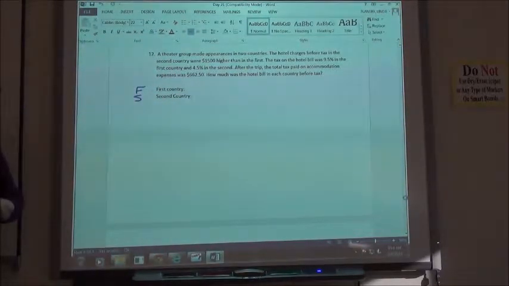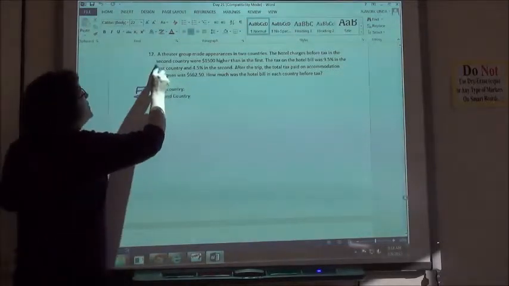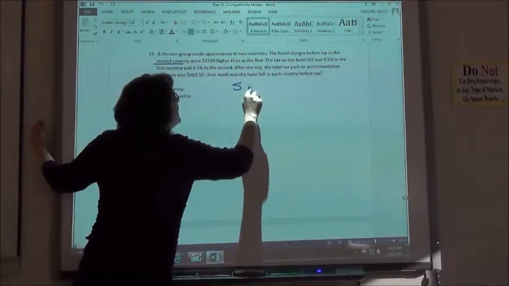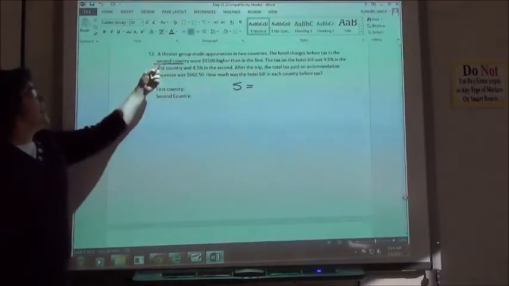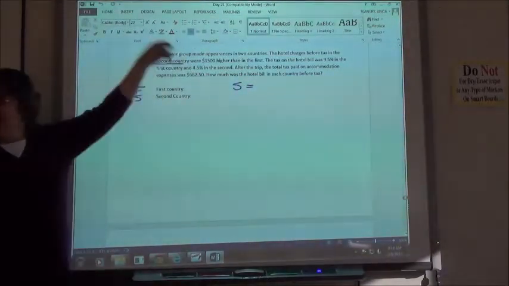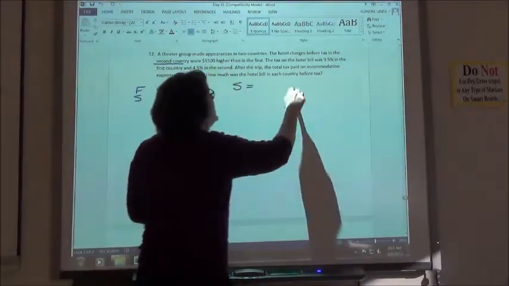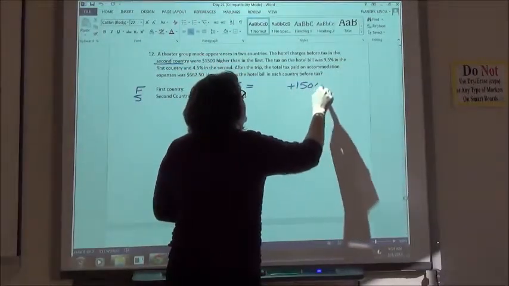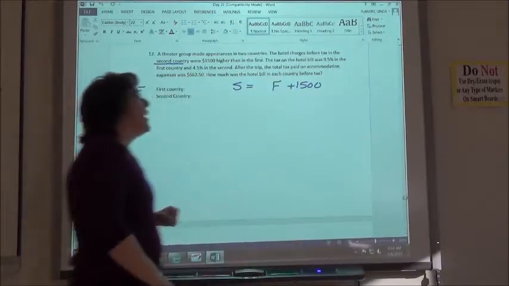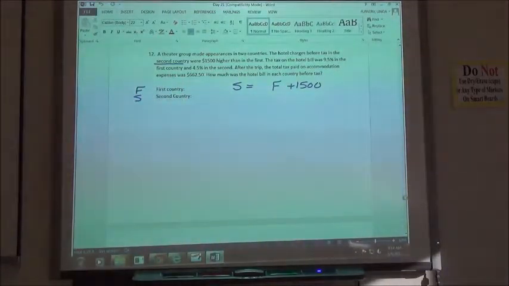Which one plus 1,500? Oh, F. F plus 1,500. So the second one is mentioned first, so I'm going to have S equals something. 1,500 higher than the first means I'm adding 1,500 to the first. So S is equal to F plus 1,500.